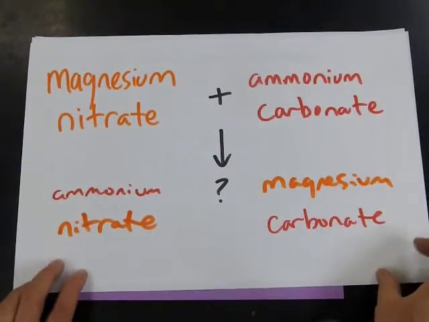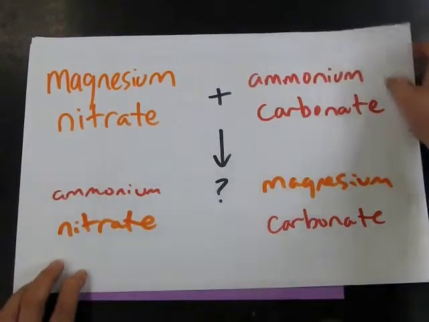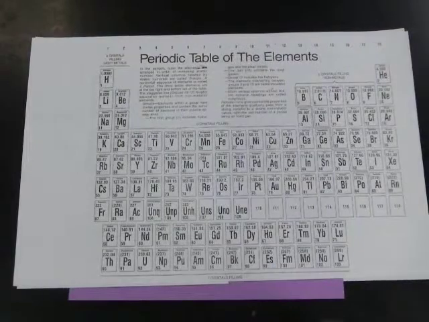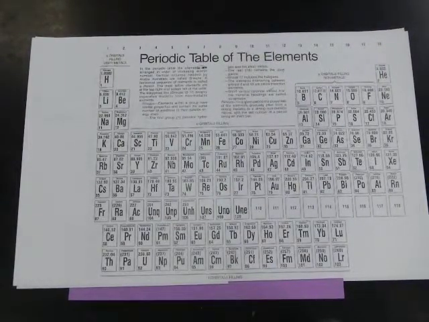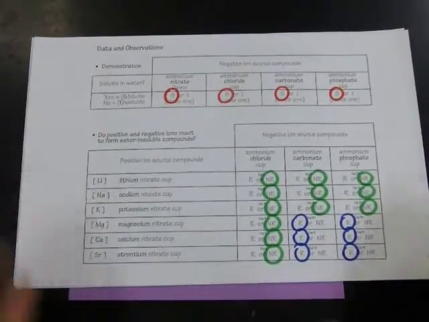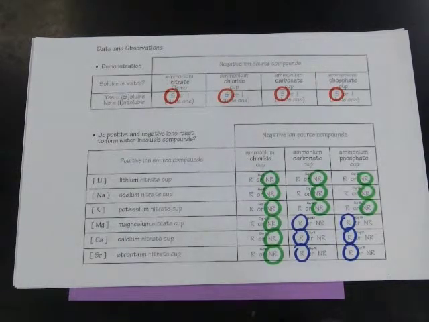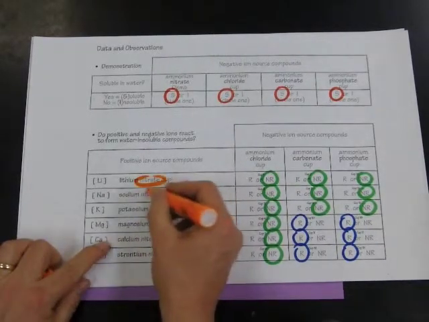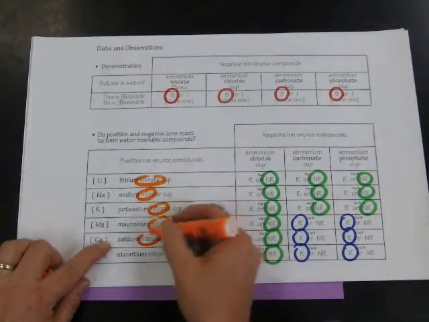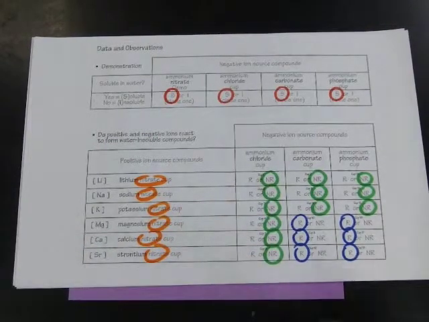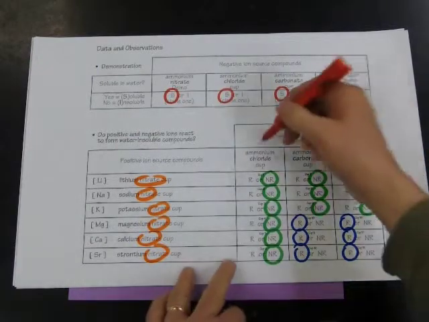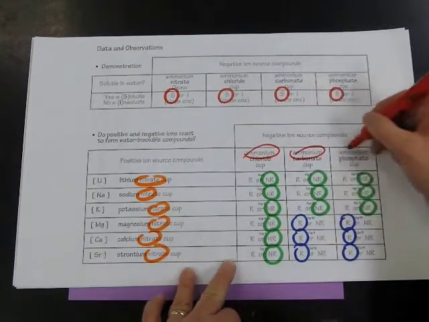Well, let's take a look at all the different combinations that you can make when you join together these compounds. One thing that all 6 of these compounds have in common is they contain the negatively charged nitrate ion. And one thing that all these compounds have in common is they contain the positively charged ammonium ion.